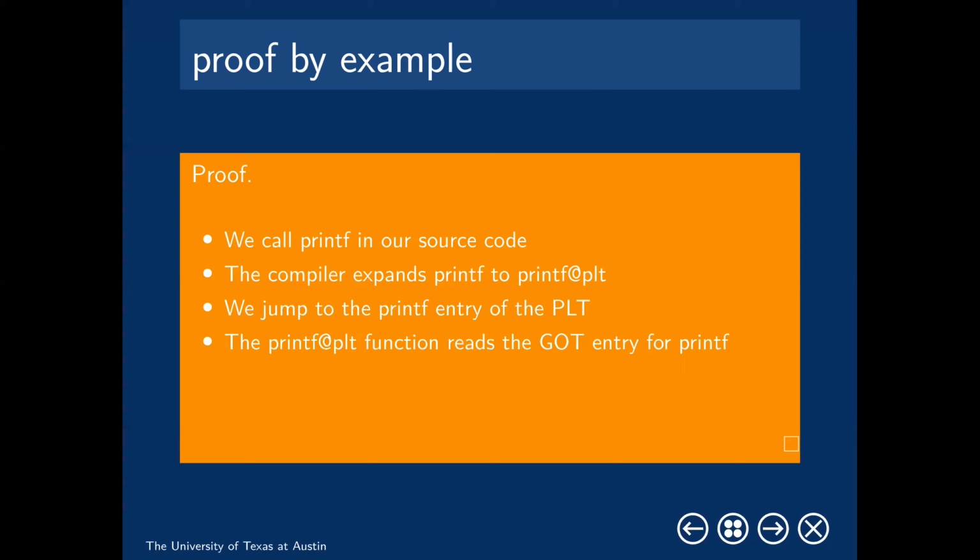Then the PLT entry is going to read the global offset table entry for printf, right? So it looks up the address of where the libc version of printf lives. This entry tells us exactly where the actual printf function is, and then we just jump to this address.